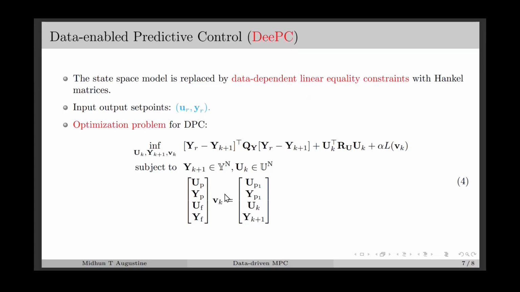Here, the cost function JK will be a quadratic sum of the predicted output error and control error as in other output-based MPC algorithms. A regularization term containing the norm of the vector Vk is also included in the cost function to avoid trivial solutions. And this optimization problem is solved at each time instant to obtain the optimal control sequence UK star, and the first element of the sequence is applied to the system.